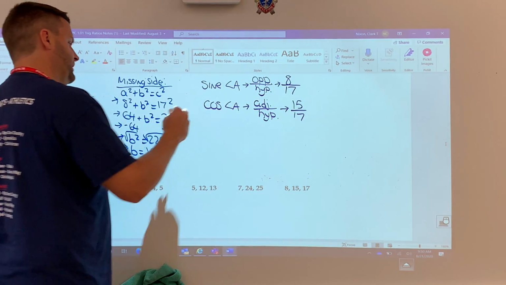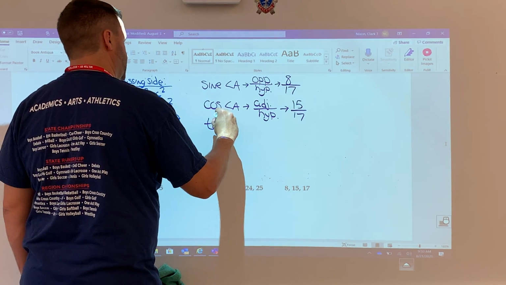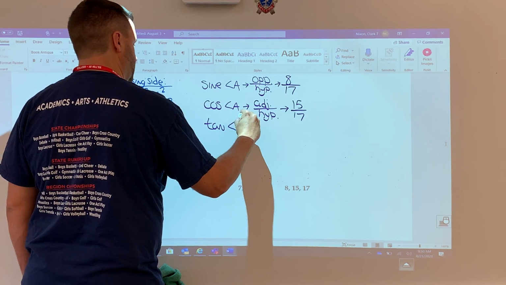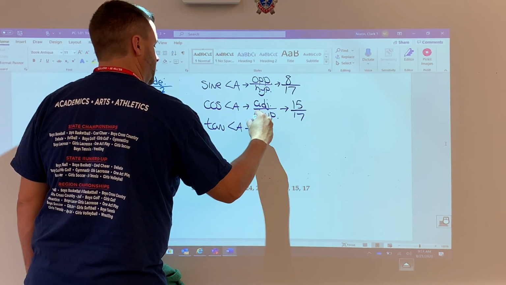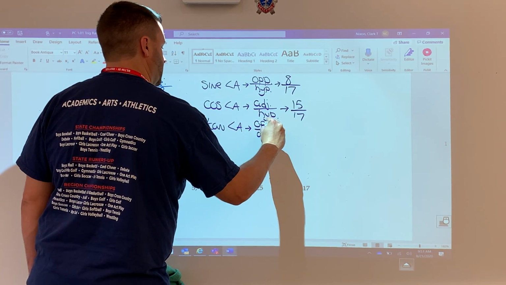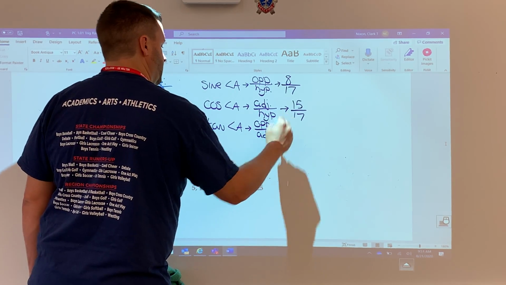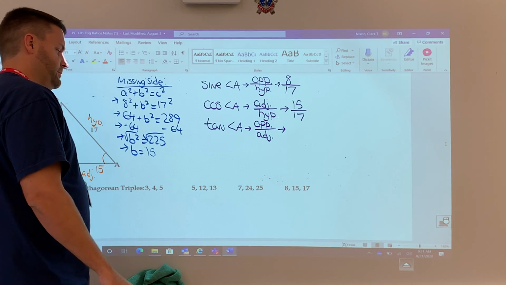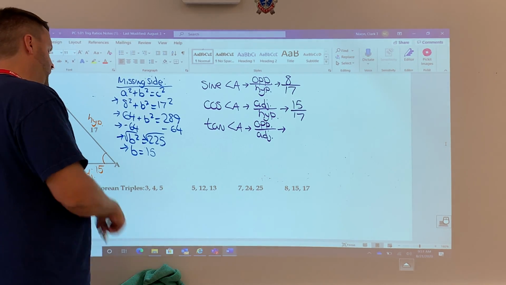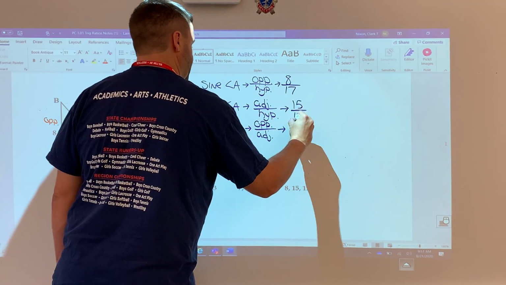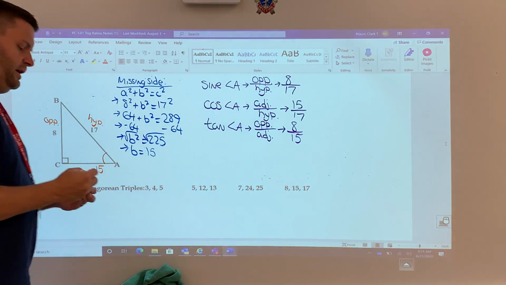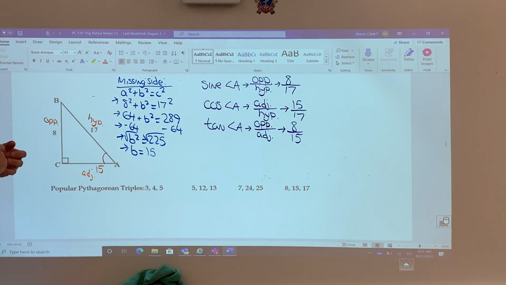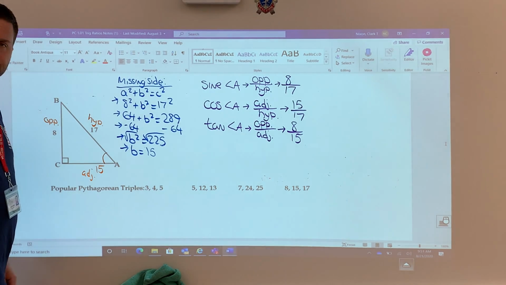And then last but not least, tangent: opposite over adjacent. So opposite, 8, over adjacent, 15. And there you go. There are your ratios for sine, cosine, and tangent.